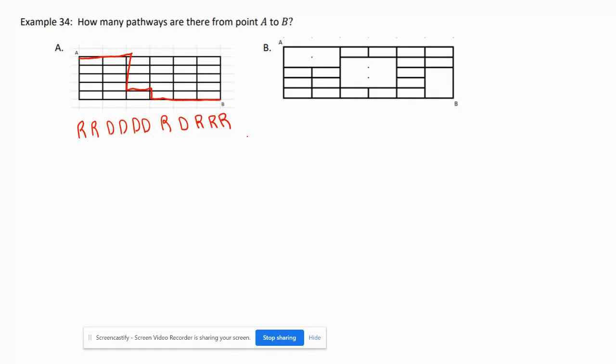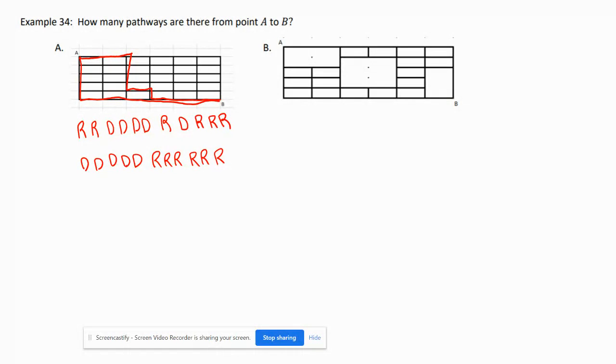This would be one of these pathways over here. Here's another pathway. This would be down, down, down, down, down, and then right, right, right, right here. So this would be a different one.